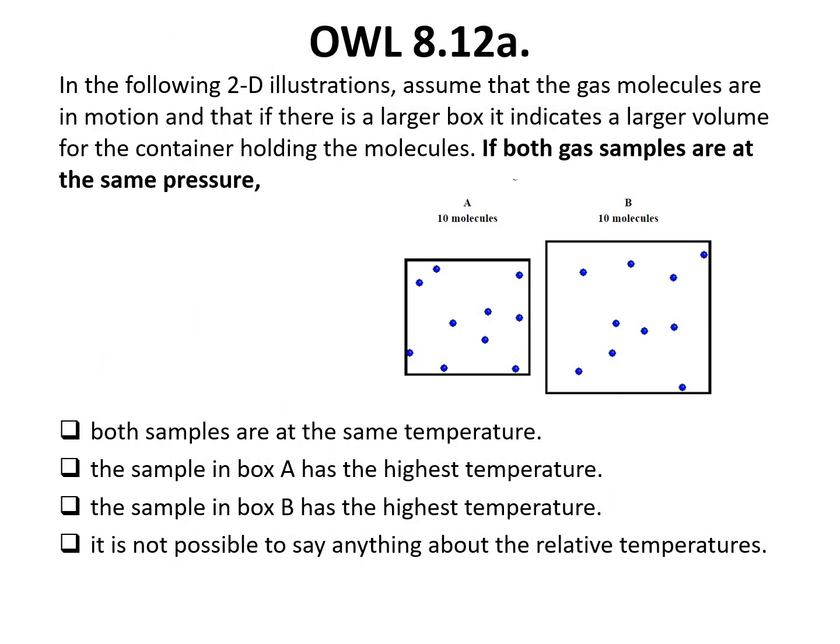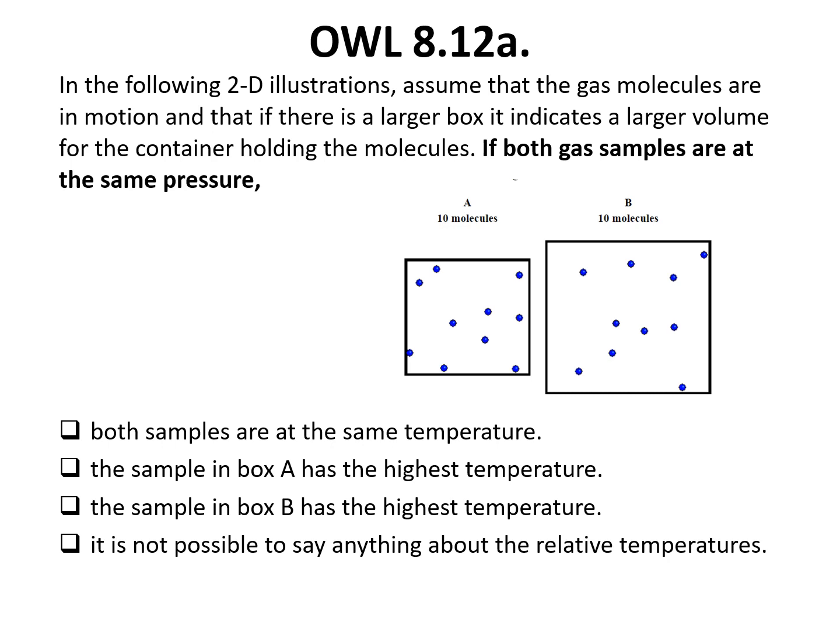So let's use the kinetic molecular theory to make some predictions. We have two samples of gas, A and B. They both contain 10 molecules, therefore they have equal moles. We're told that the box on the right does have a larger volume than the box on the left. And we want to see if any of these statements are true. So first of all, are they both at the same temperature?